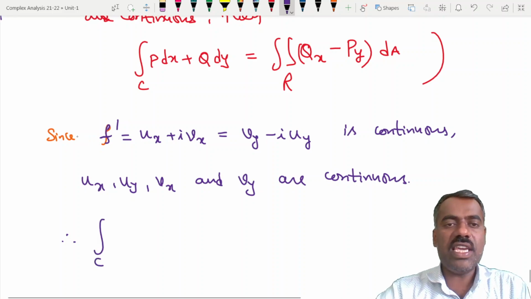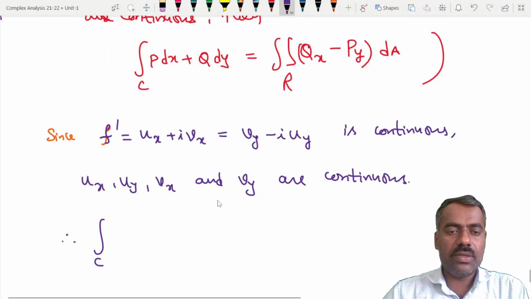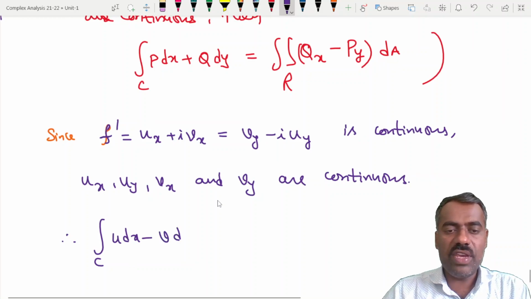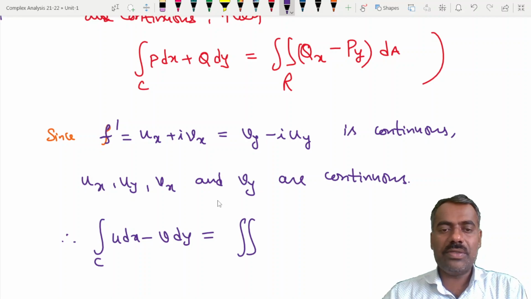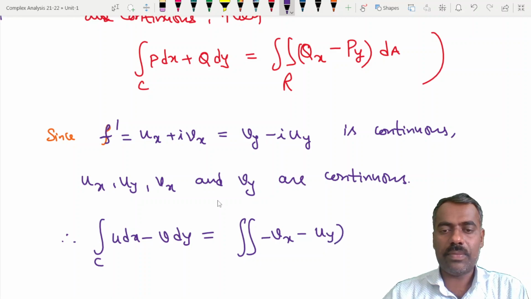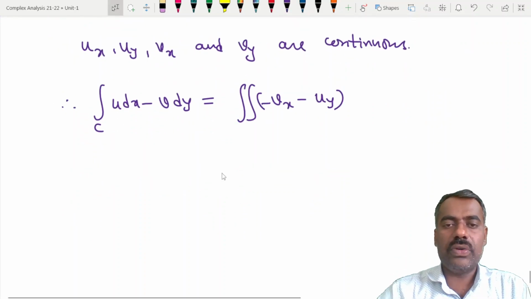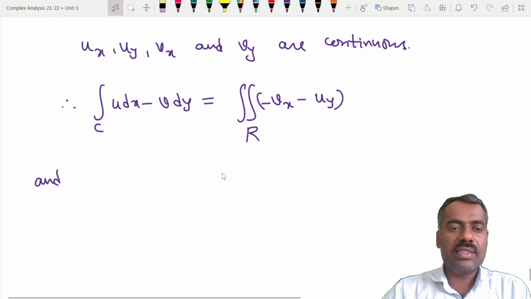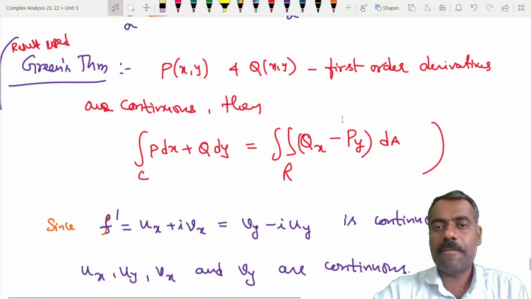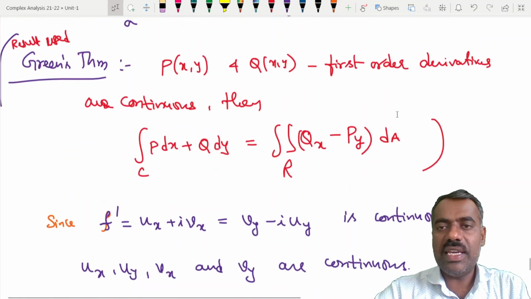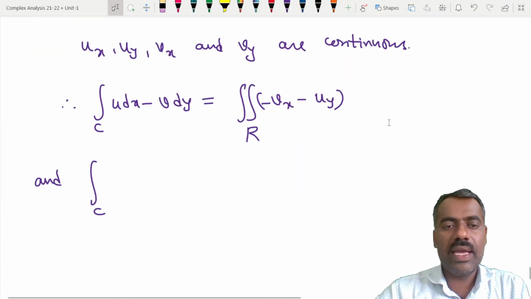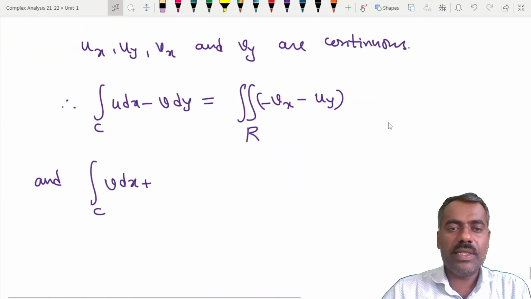Therefore, the integration over C of u dx minus v dy: this is our P and this is our Q, so what you will get is minus vx minus uy over the given region R. Similarly, for the other one, u dy plus v dx, you can write that as v dx plus u dy.